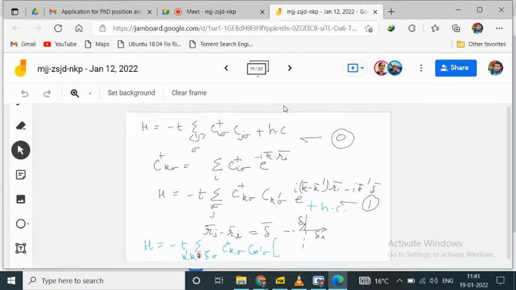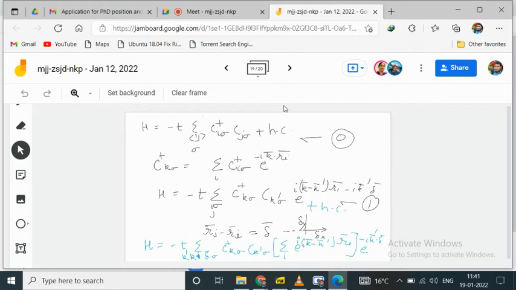Let us write i here. What do you think this sum will be? If I have a sum over i of exponential minus i(k minus k prime) dot r_i, what should I get? A Kronecker delta function, delta of k minus k prime. So you get a delta function.